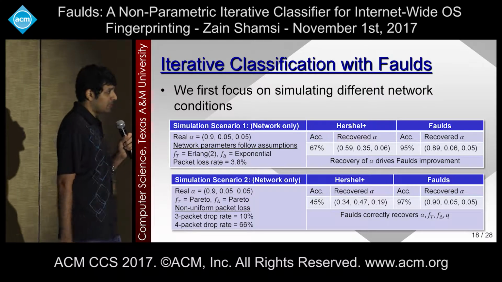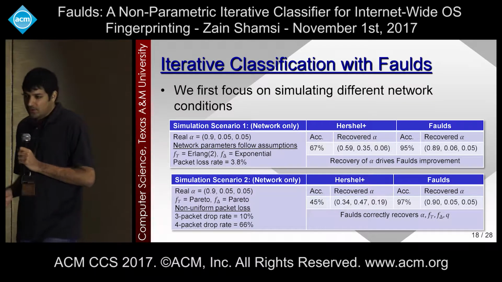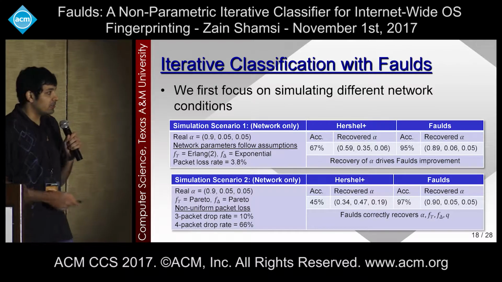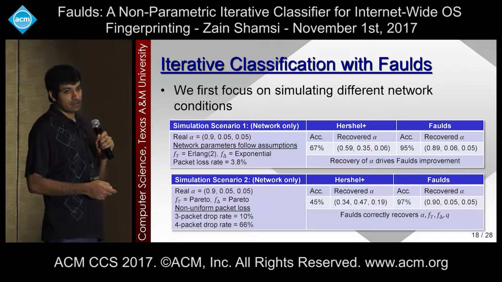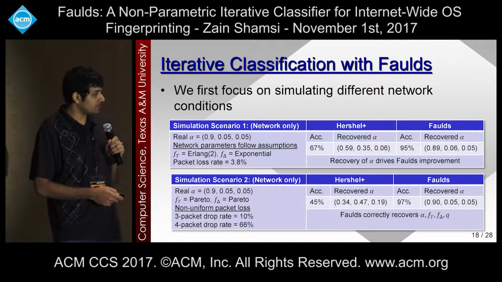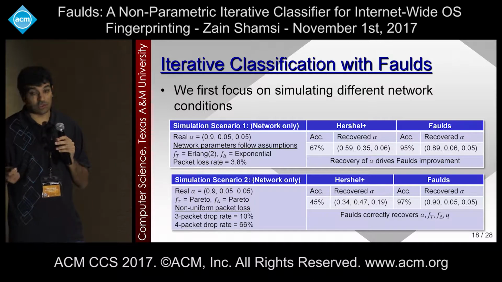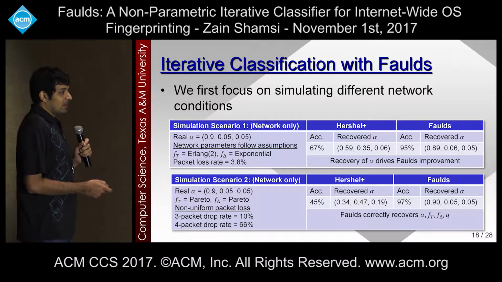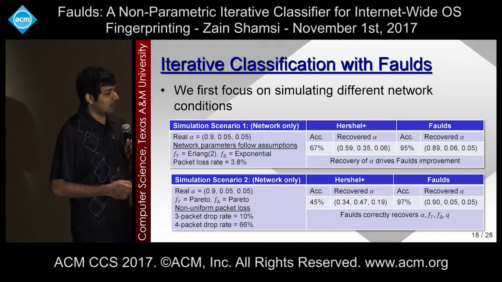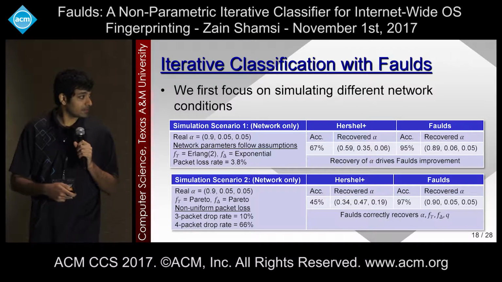So first, we look at simulating different network conditions. In our first scenario, we set the real alpha to be 90% Linux, 5% Windows, and 5% Novell. And the network parameters follow the assumptions of Herschel Plus. So as you can see on this test, Herschel Plus gets a 67% accuracy.